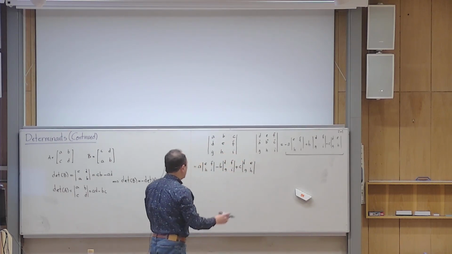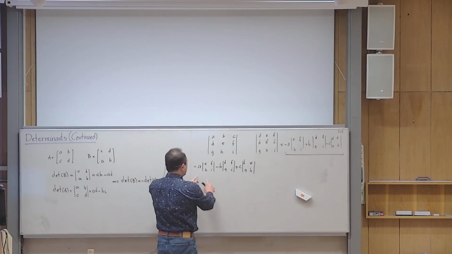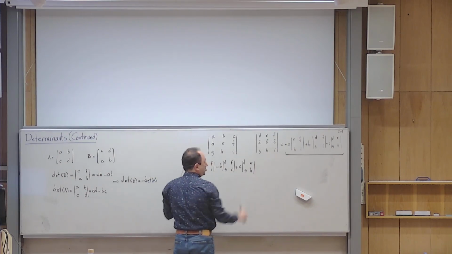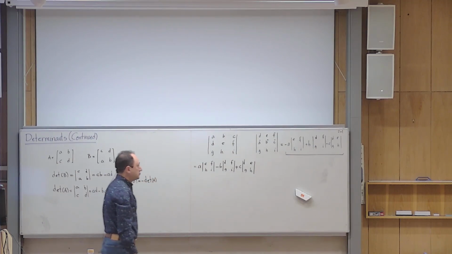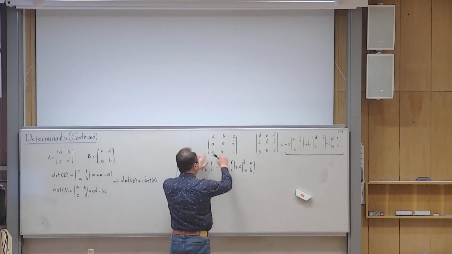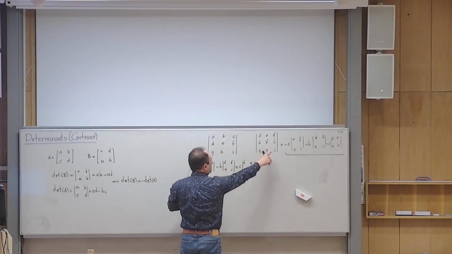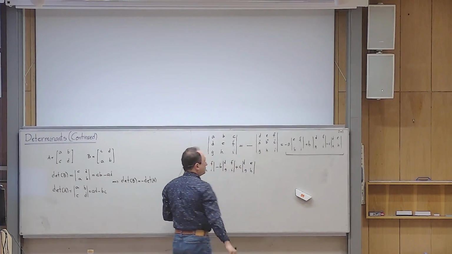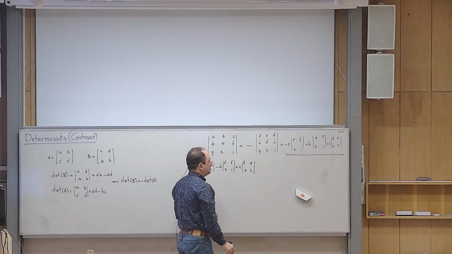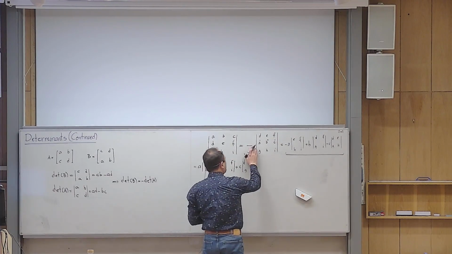And then you see what happens: the terms are exactly the same, but the signs are correspondingly opposite. So this means that this determinant is not exactly equal to that determinant, but it is equal to the minus of that determinant. Yes? So that is not a good way of writing.